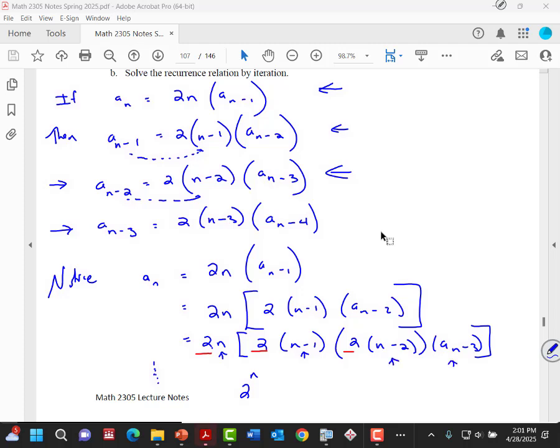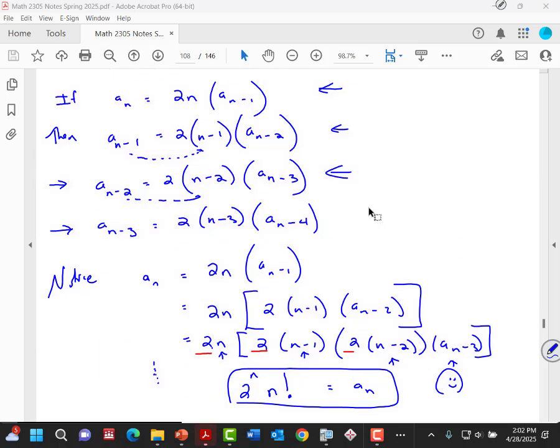If I continued it again, it would be n minus 3, etc. This is simply n factorial. If I take a number and multiply every successive number all the way down, this is n factorial. So in general, a sub n equals 2 to the n times n factorial. So that's how we can solve a recurrence relation by iteration.